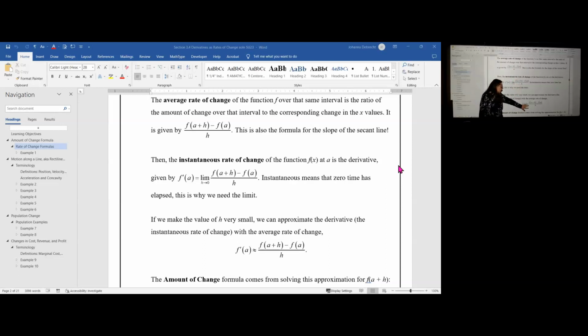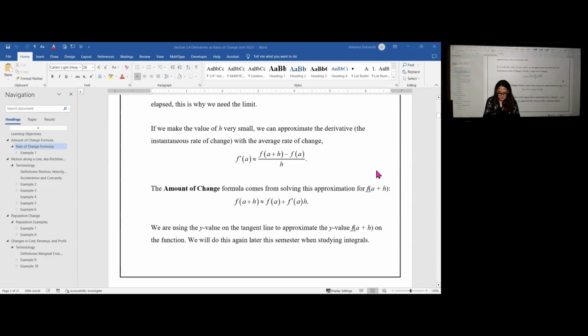In this case, I want to approximate the instantaneous rate of change at a with the slope of the secant line when the points are very close together. For example, what's the change in your velocity on a freeway over 1 second? Probably not very much. Now we can take this formula and we can manipulate it.